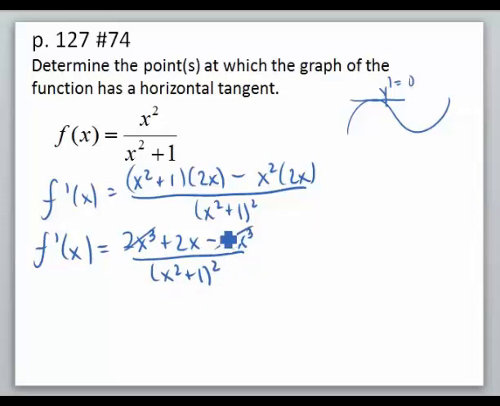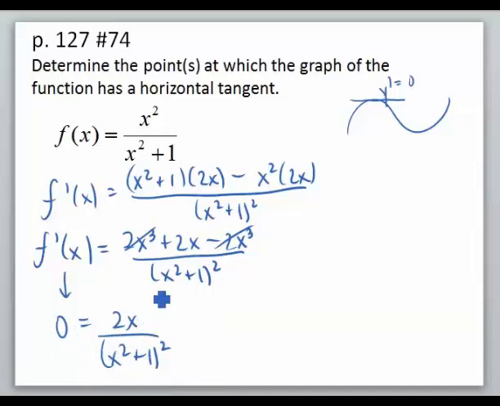So these have canceled, and I really just have 2x over x squared plus 1 squared. What I want to know is, where is this equal to 0? So 2x over x squared plus 1 squared. It doesn't really matter about the bottom as long as it never equals 0, which we're not even looking for. We're just looking for where this equals 0.